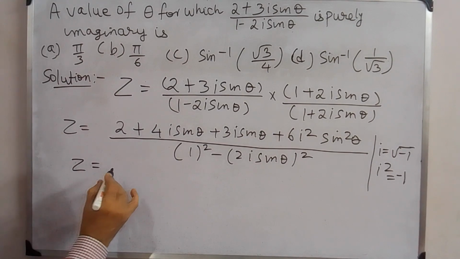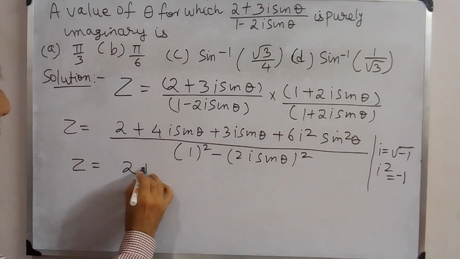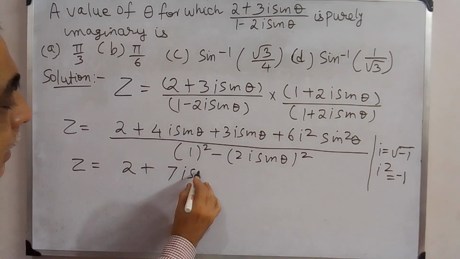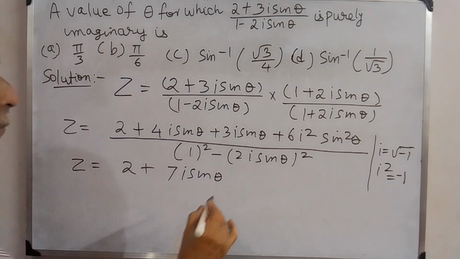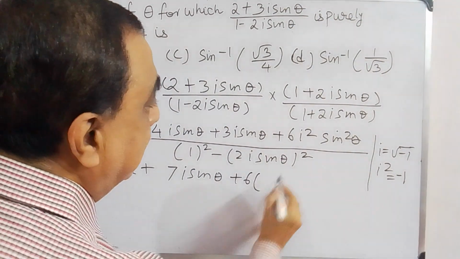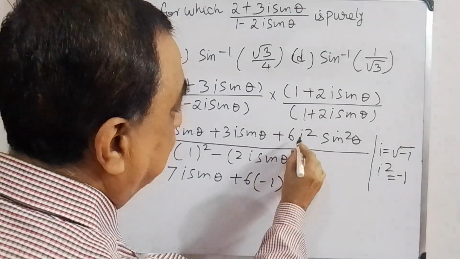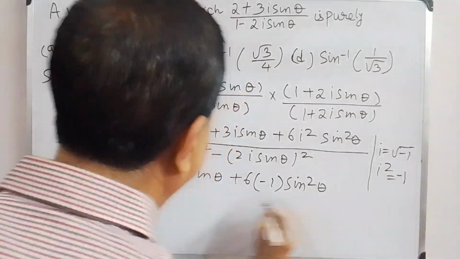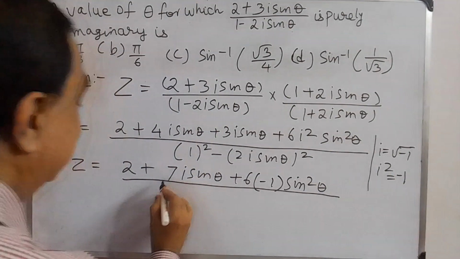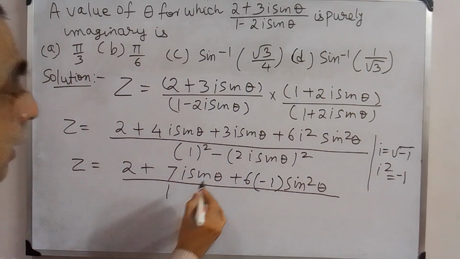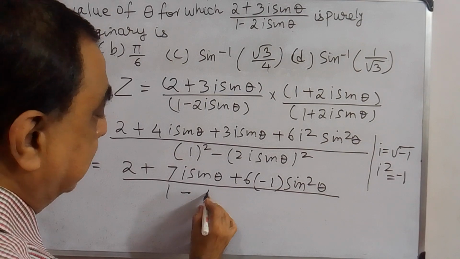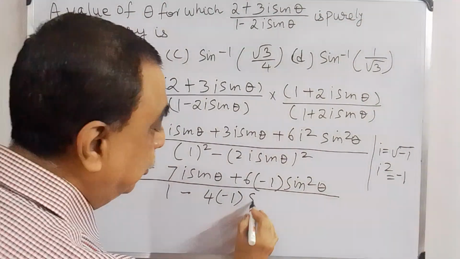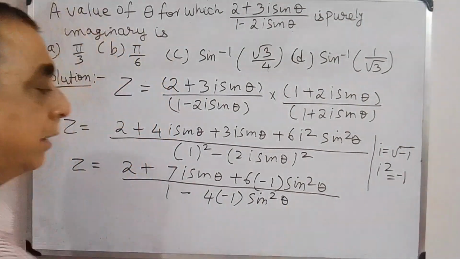So z will become 2 plus 4i sin theta plus 3i sin theta, which is 7i sin theta, and plus 6 with i squared value minus 1 into sin squared theta, whole divided by 1 squared is 1, and minus 2 squared is 4, and i squared value is minus 1 into sin squared theta.